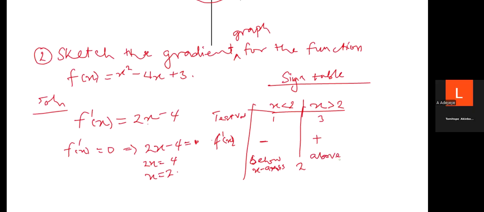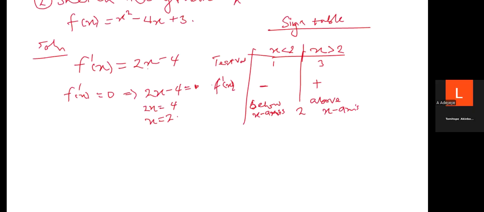Now we have only one critical number, so the critical number is 2. Let's suppose 2 is here. So this is the x-intercept.